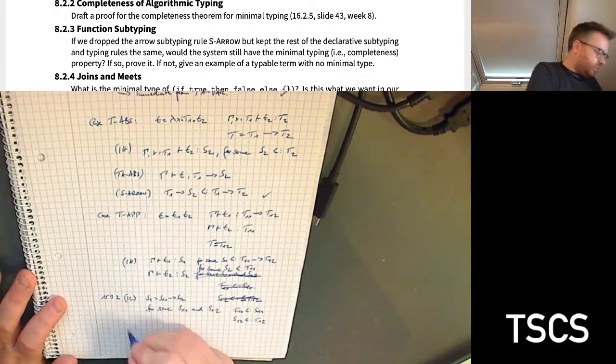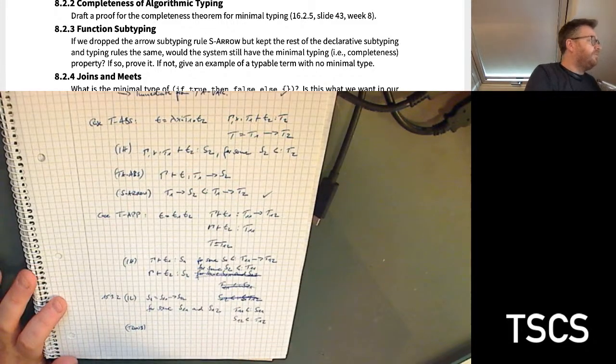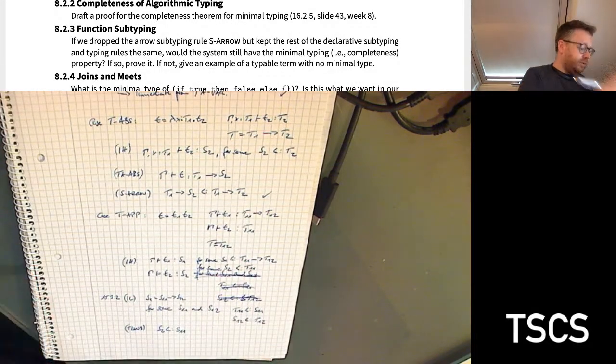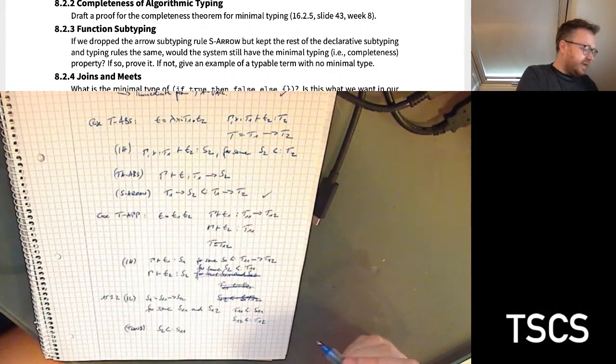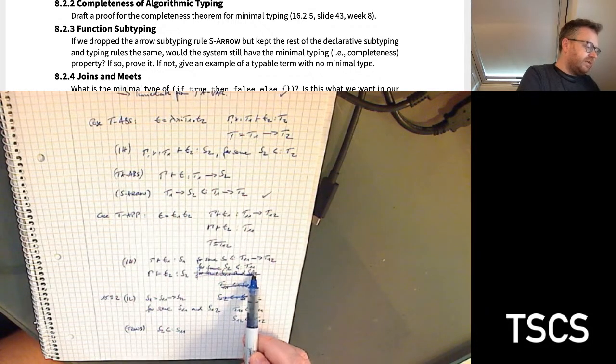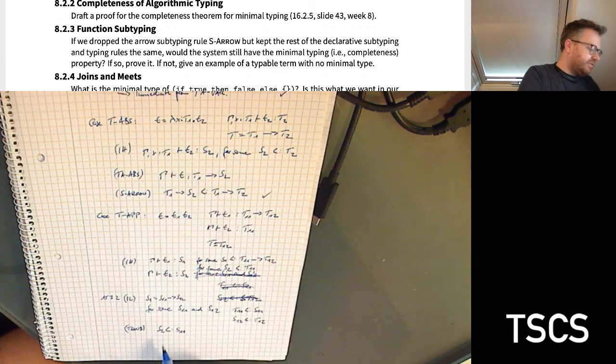So what you also have is transitivity that comes into play now, and transitivity says that S2 is a subtype of S11. Why is this the case? Because you see that S2 is a subtype of T11 and T11 is a subtype of S11. So by transitivity, S2 must be a subtype of S11.